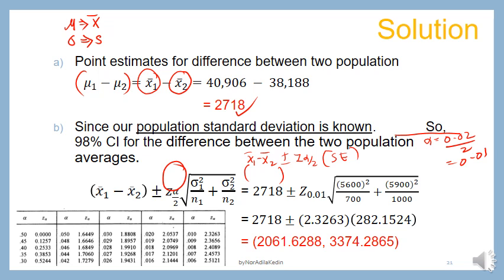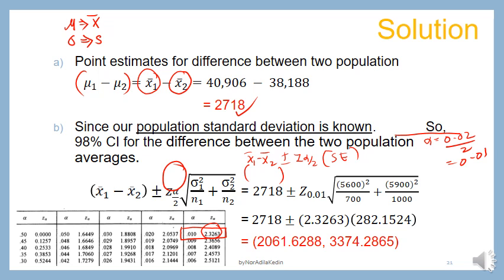Okay, so sebab awak diberi standard deviation untuk both population, so kita pakailah nilai dia. Alright, so macam mana nak tengok table Z 0.01? Pergi dekat standard normal table, cari alpha 0.01, which is this one. So this is your critical value.